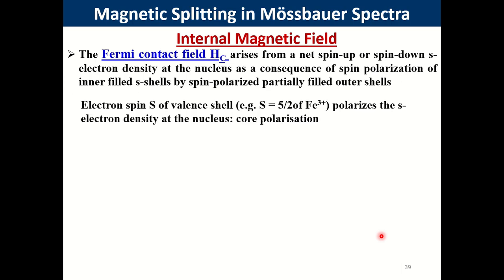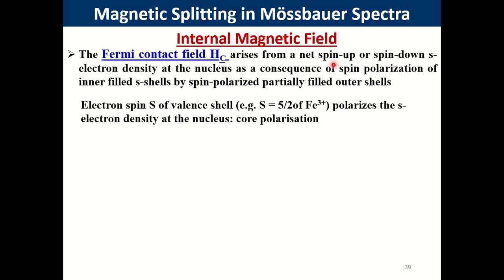The Fermi contact arises because you have s electron density at the nucleus. So far we have considered it as a total electron density due to s electrons, but we have not yet considered the spins of those s electrons. There might be some cases where the number of spin up s electrons is more than the number of spin down electrons at the nucleus.